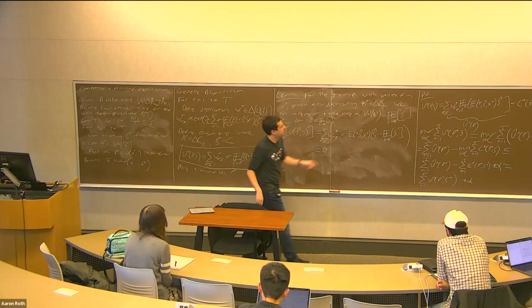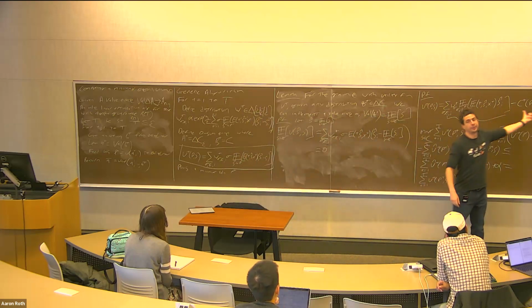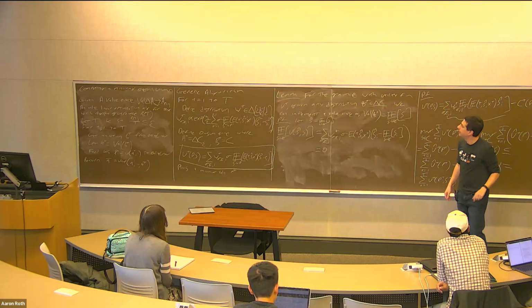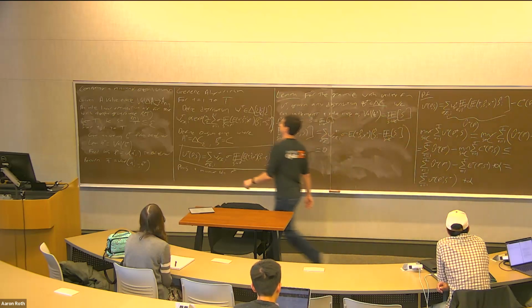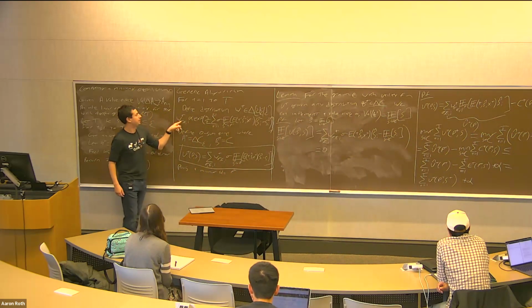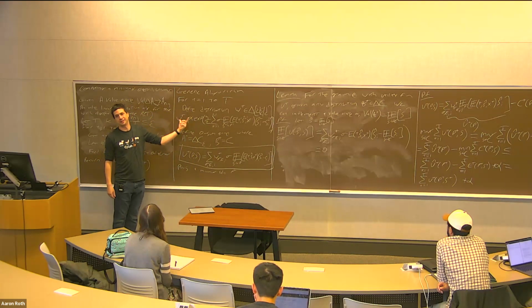And of course, you need to compute the numbers corresponding to this loss. I think I erased them, but that's easy to do. Those numbers are just algebraic manipulations of these numbers.